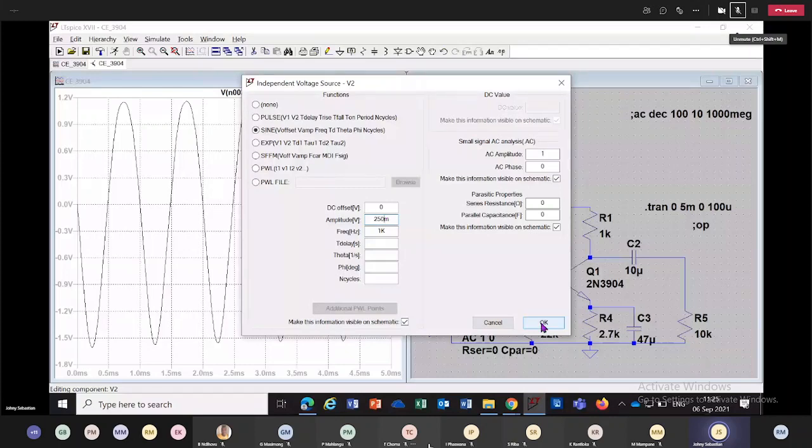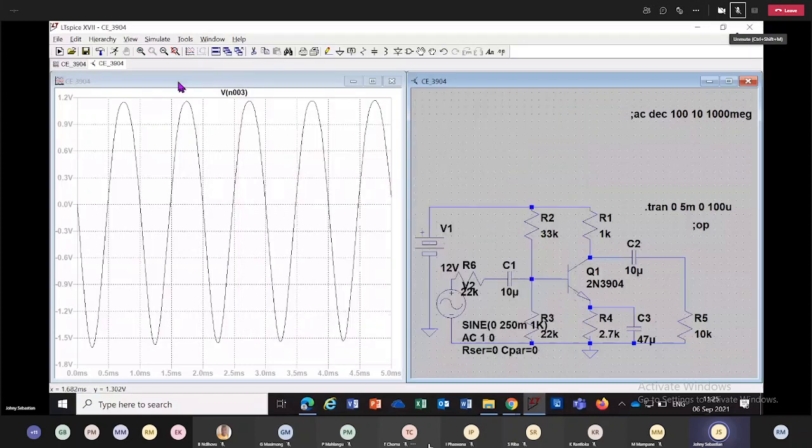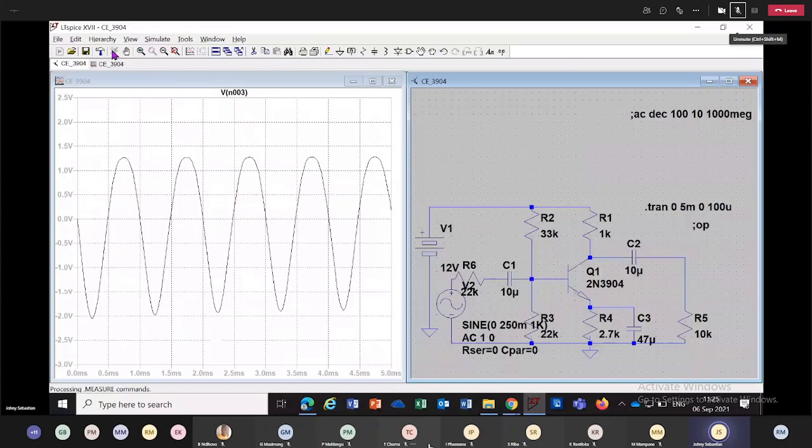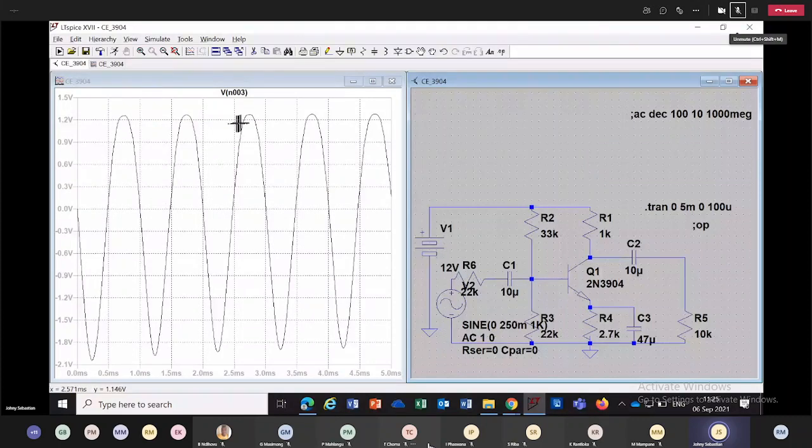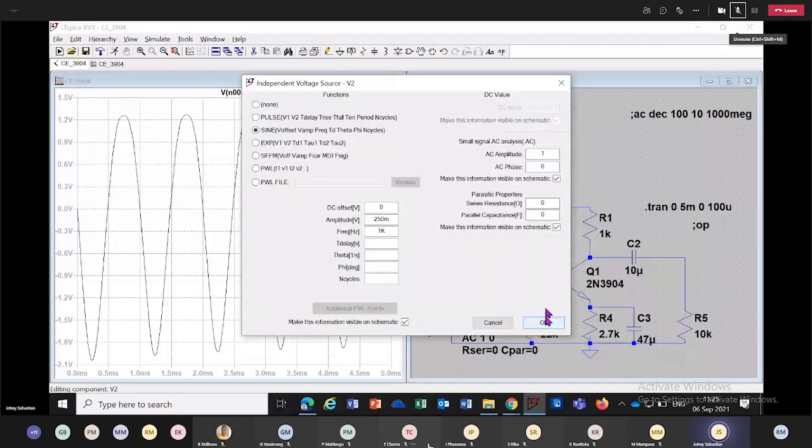Okay, I'm going to simulate. You can see the positive side is more and more getting round. The negative side is sharp, it has no problem. This is entering into cutoff region. If you increase your input signal, you will see a more predominant effect.